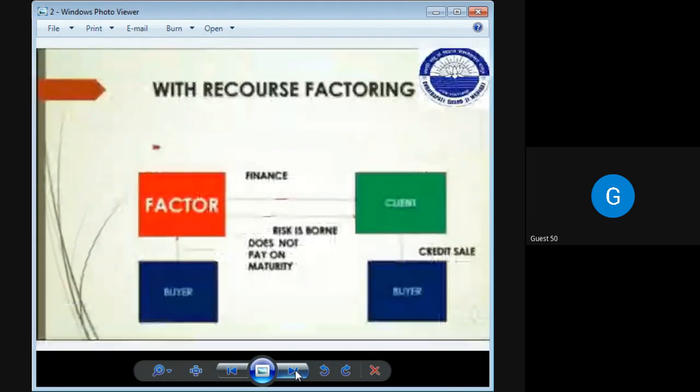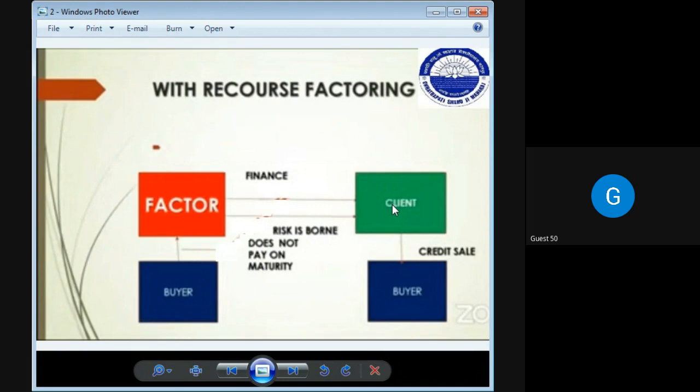So you can see in this picture, the factor is giving finance to the client, there is a credit sale, and there is a buyer. What this diagram describes is that there is a factor, for example a bank, and a client. Who is the client?